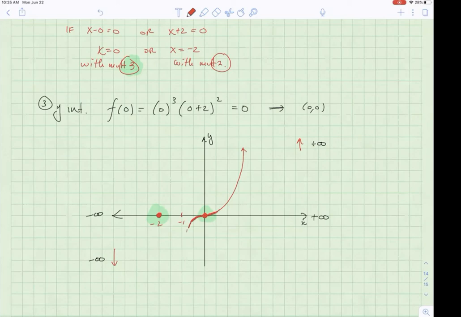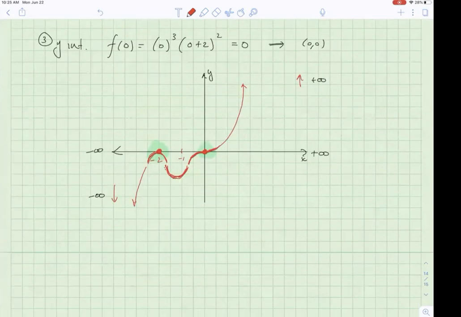It's then going to have to, at some point, turn around. And then when it gets to this 0 here at -2, it's got a multiplicity of 2, so it's going to have some parabolic behavior, or behave like a parabola. And then, of course, continue on down in this direction. So that is what this curve looks like. This is f of x is equal to x cubed times x plus 2 squared.